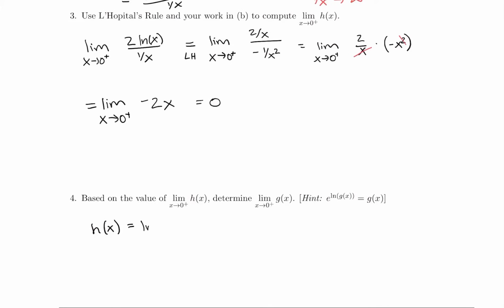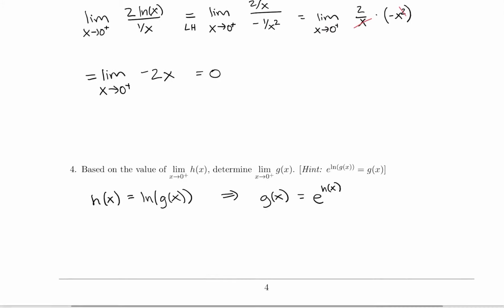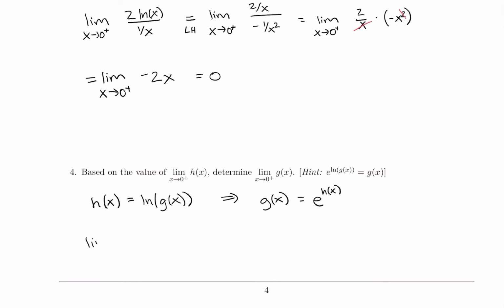So h of x is the natural log of g of x, which means that g of x is equal to e to the h of x. So if we're curious about the limit as x approaches 0 from the right of g of x, this is equal to the limit as x approaches 0 from the right of e to the h of x.